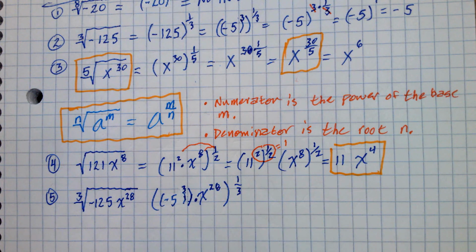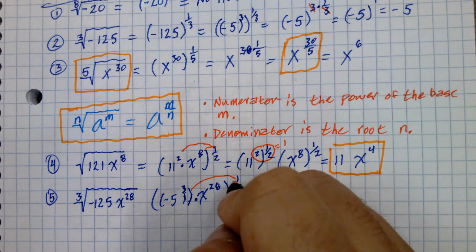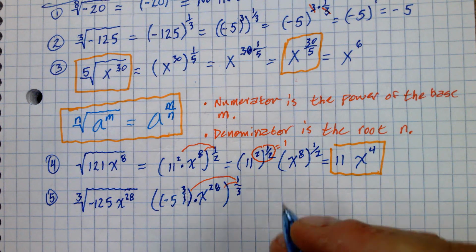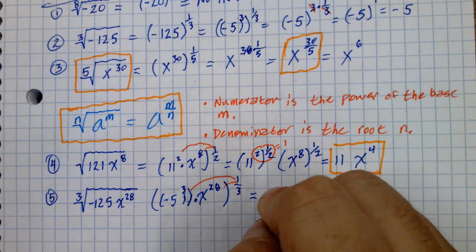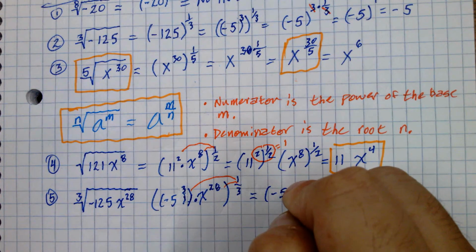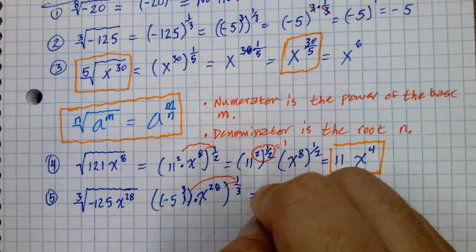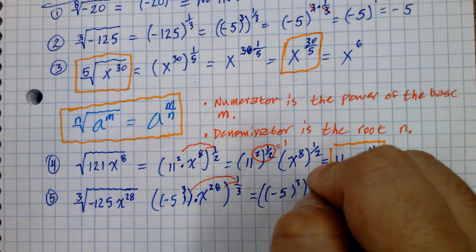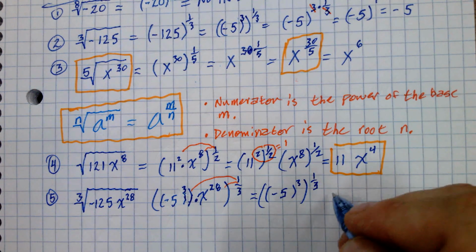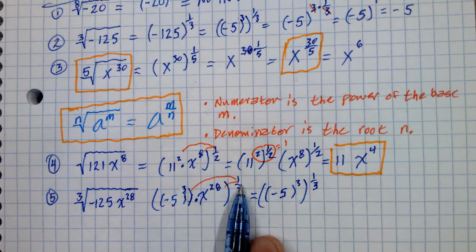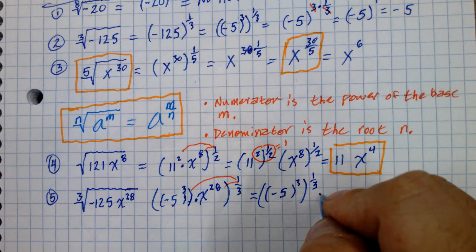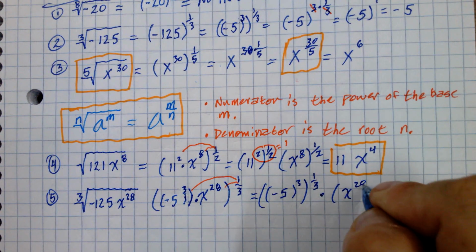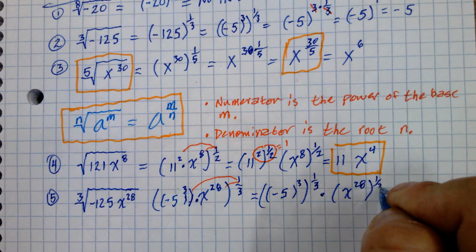Now we're going to share again. Share that 1/3 power to each of these. So I got negative 5 cubed to the 1/3 power times x to the 28th to the 1/3 power.